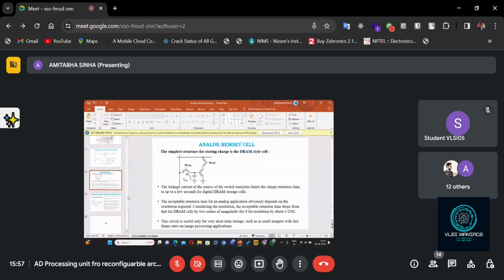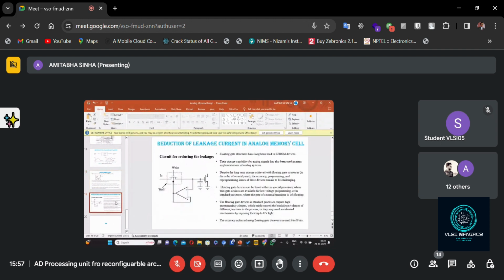So here also you can do the same thing. What we are doing, we can use an operational amplifier, and the output is fed back over here, where it is connected, and given to the floating gate. That means the charge which is being leaked is replaced here, and that will finally be stored in the capacitor.